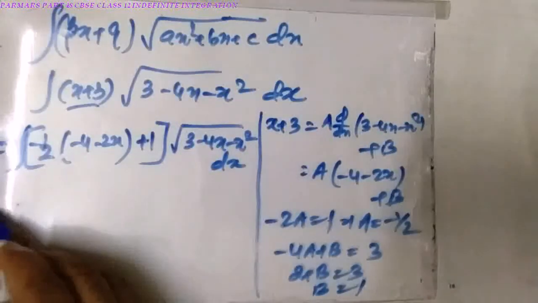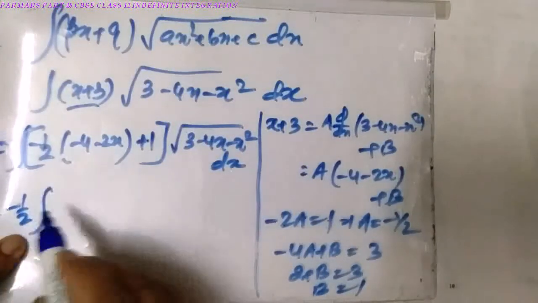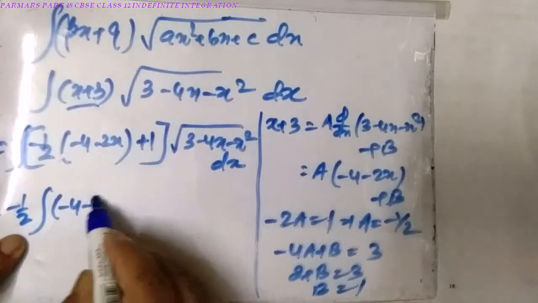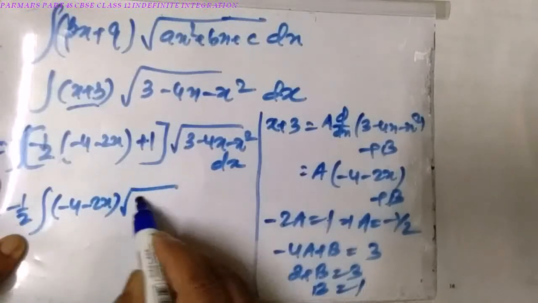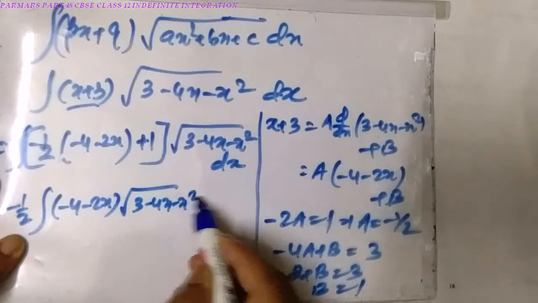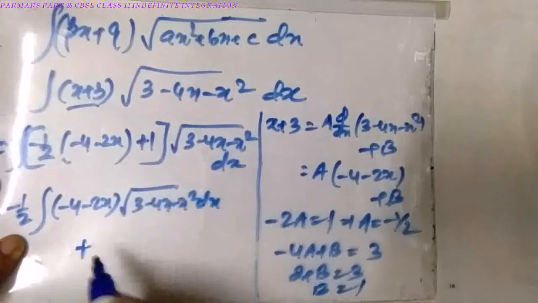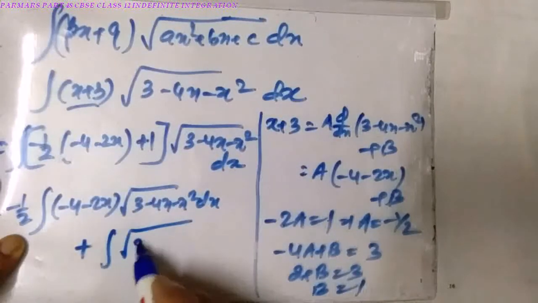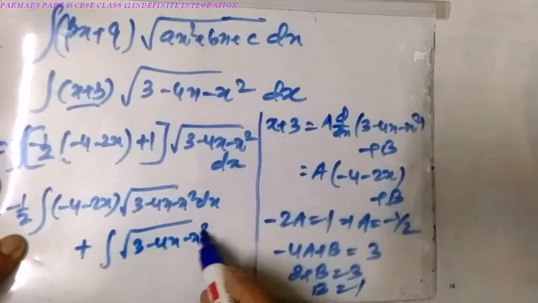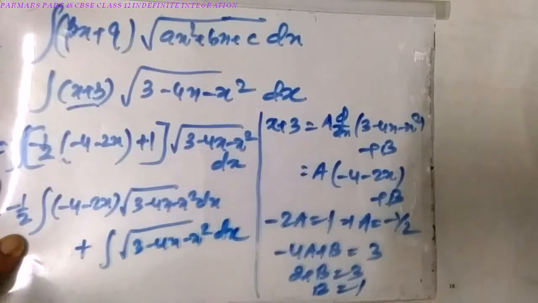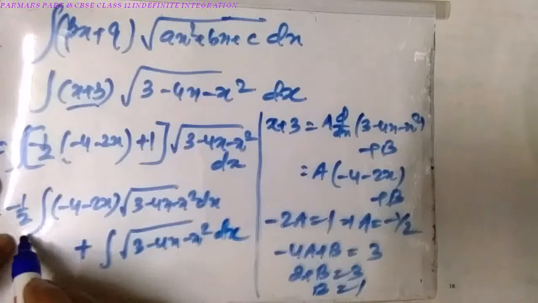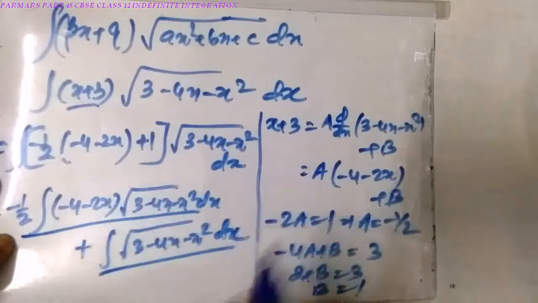Now minus half of minus 4 minus 2x upon root under 3 minus 4x minus x square dx is one thing, and then plus 1 upon root 3 minus 4x minus x square dx is another thing. So we have two integrations, 1 and 2.